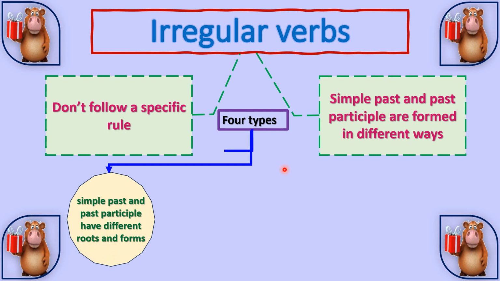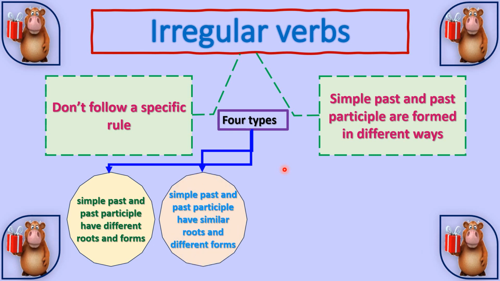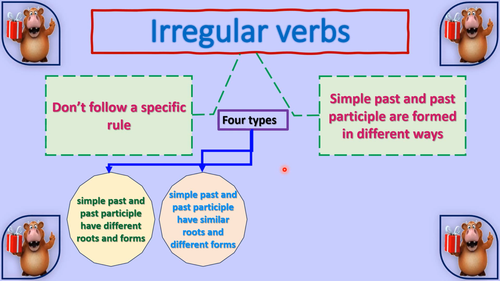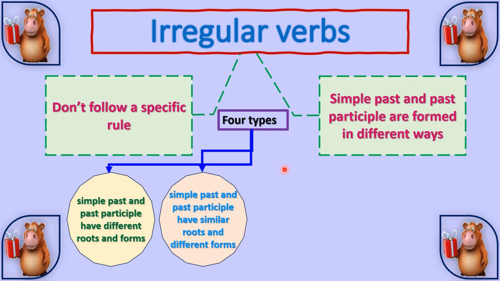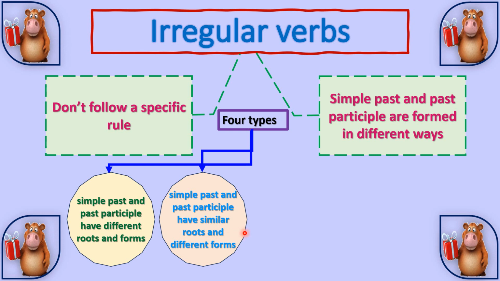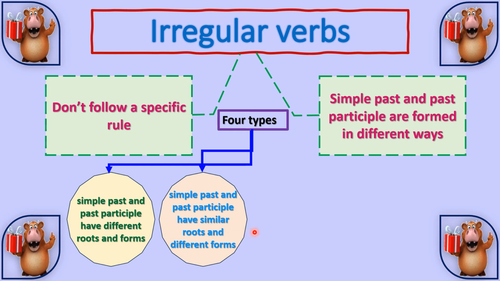The second type are verbs which their simple past and past participle have similar roots and different forms. Here, these verbs have similar roots, which means that they have got one root.